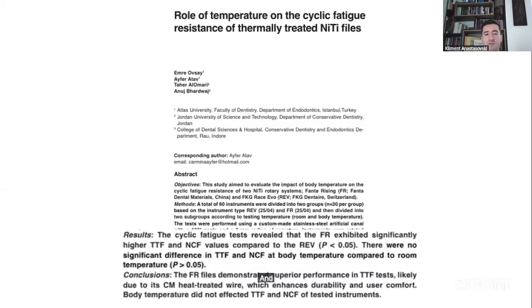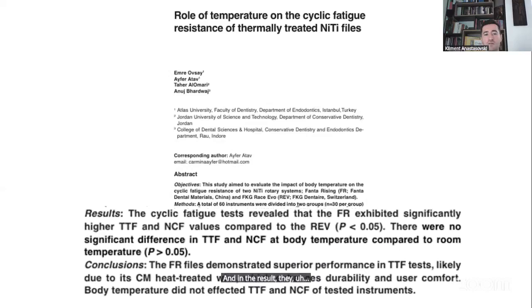In the results that they got from this study, the cyclic fatigue test revealed that the rising file system exhibited significantly higher time to fracture and number of cycles to fracture values compared to the other rotary system, but there were no significant differences in these parameters at body temperature compared to room temperature.